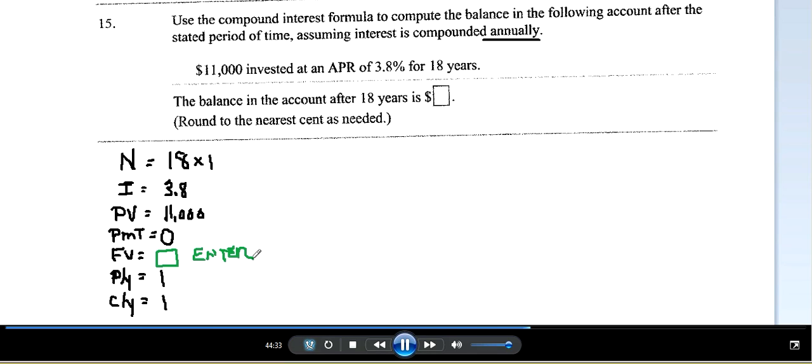Alpha, enter, and you're going to get a value here of $27,569.48. Okay, that's what you should have for number 15.